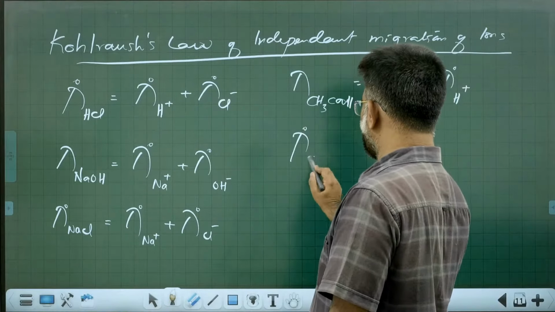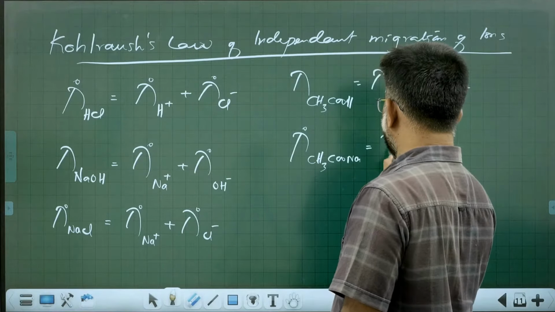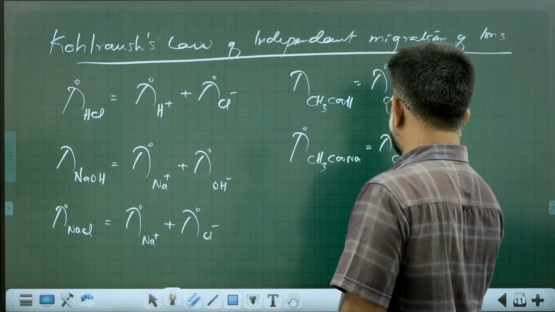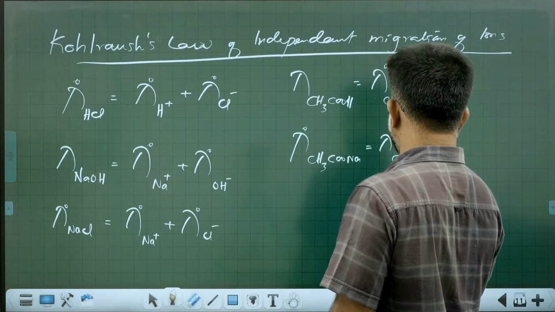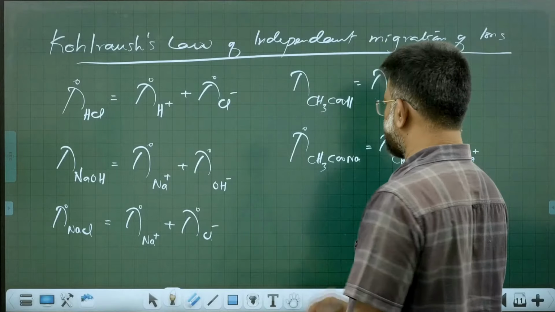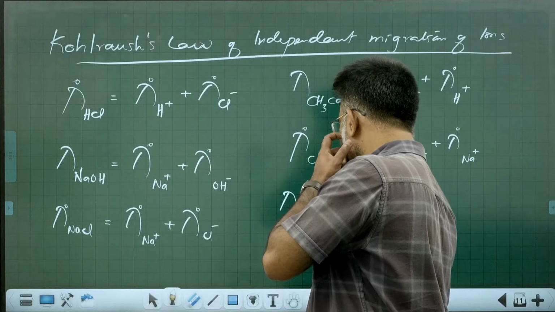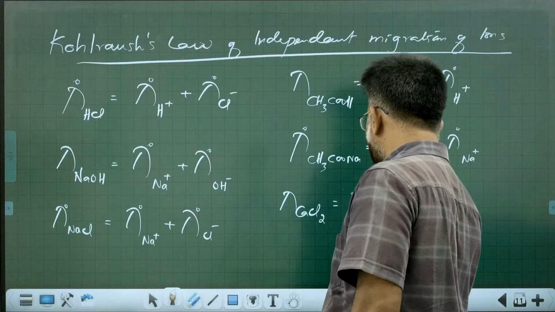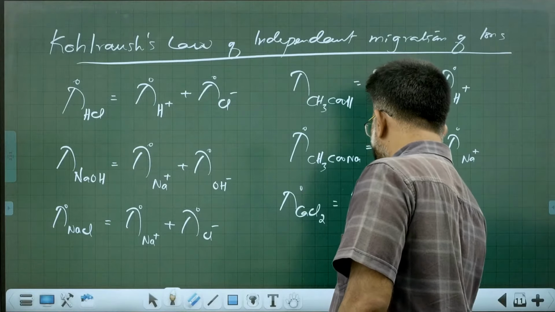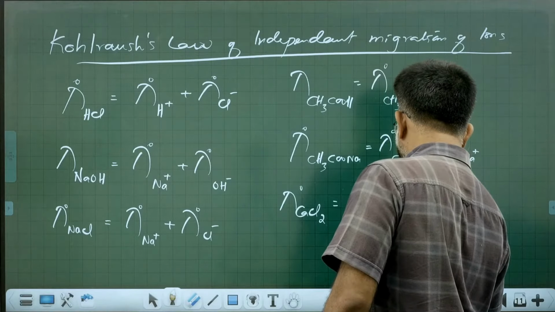Lambda naught for CH3COONa is equal to lambda naught for CH3COO minus plus lambda naught for Na plus. Like this.